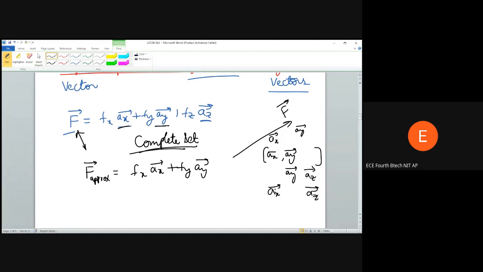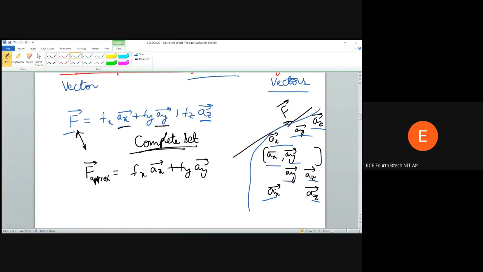But in all these approximations, with az bar alone, ay bar alone, ax bar alone, or ax and ay, ay and az, ax and az, in all these cases there will be certain error. Error means the difference between the approximation of this vector f bar and the actual vector. If you try to calculate, there will be some error.